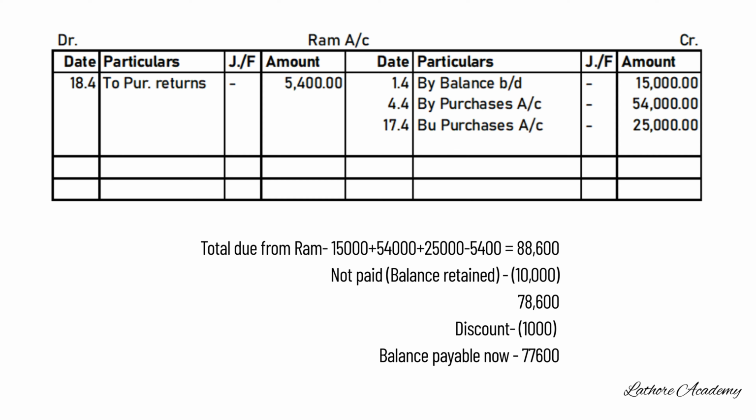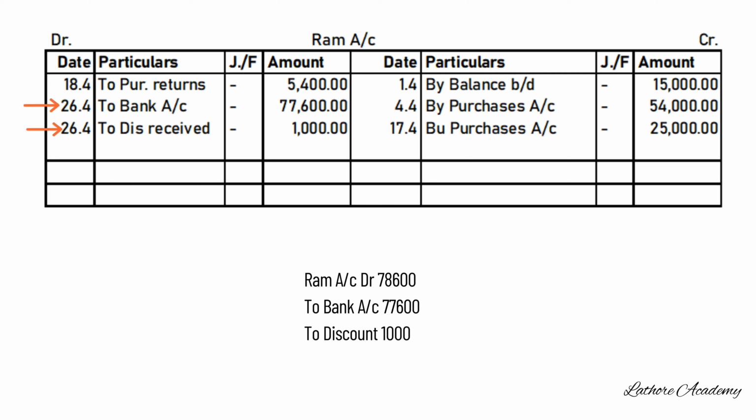So total remittance is being made to the extent of 77,600, out of which 1,000 rupees is being allowed by Ram as discount. So Ram's account has to be debited, to bank account 77,600, to discount received 1,000.